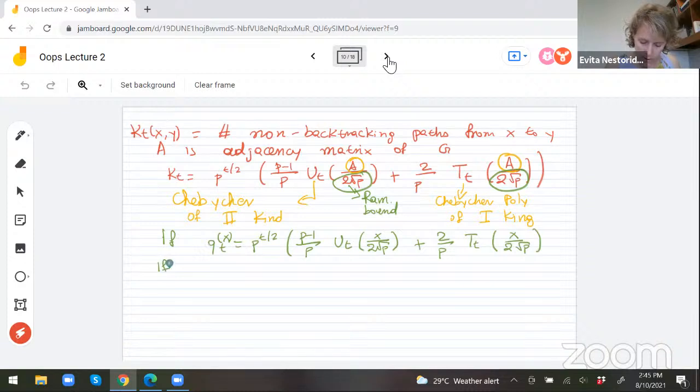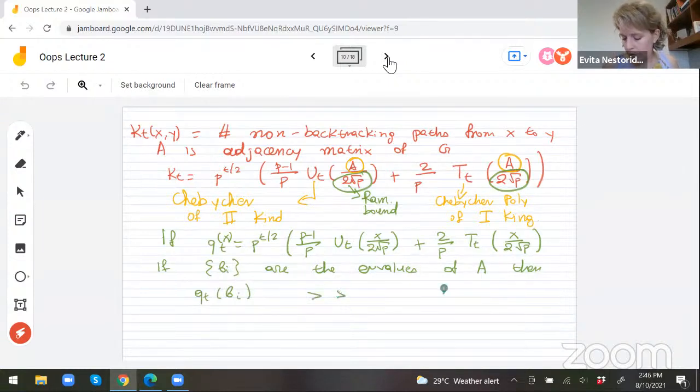If β_i are the eigenvalues of the adjacency matrix, then Q_t(β_i) are the eigenvalues of K_t. So we can diagonalize K_t immediately using the eigenvalues of A. And they also share the same orthonormal eigenbases.